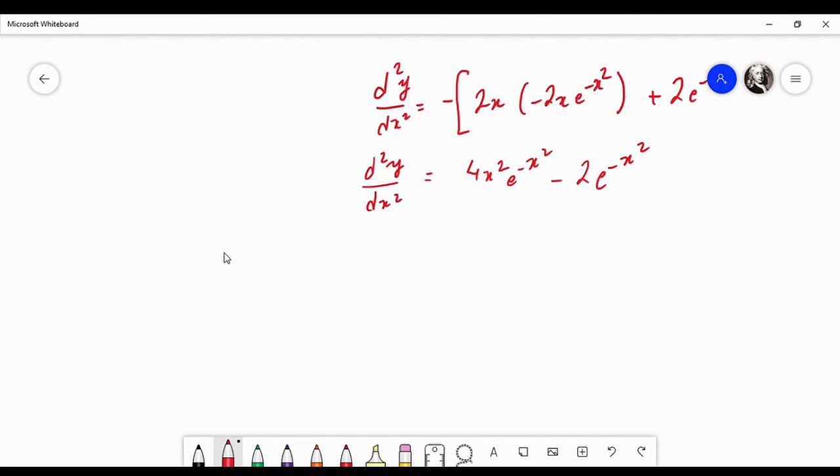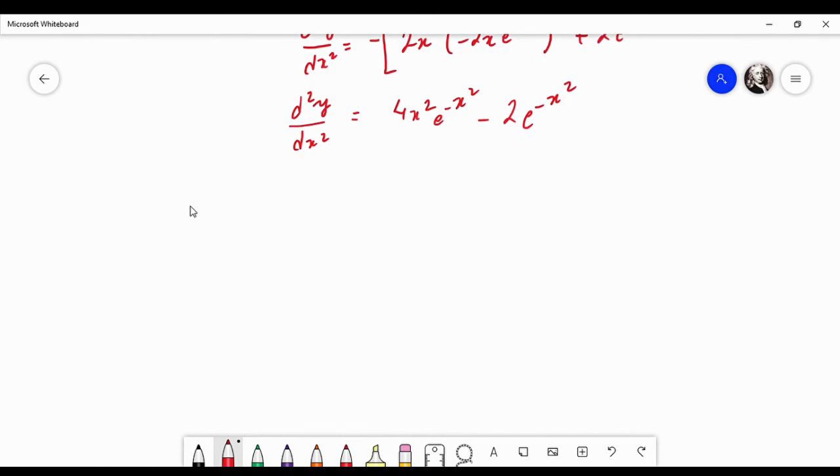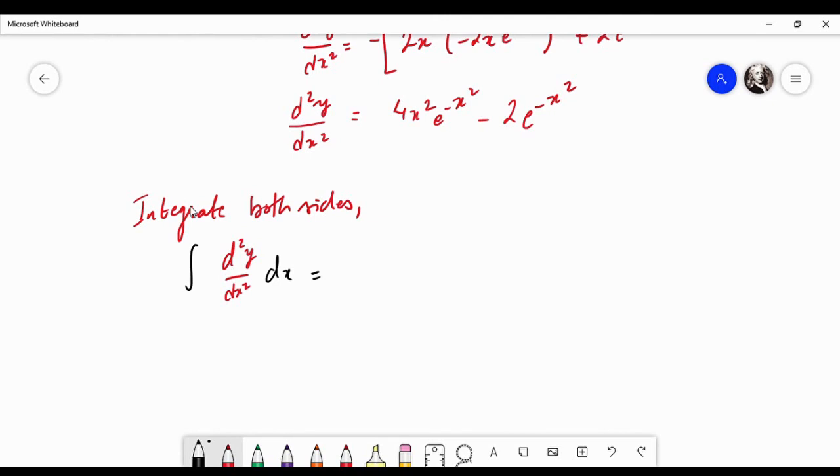Now integrating both sides, we have the integration of d2y over dx2, with respect to dx, equals the integral of whatever we have upstairs there: 4x squared e to the minus x squared minus 2e to the minus x squared dx.